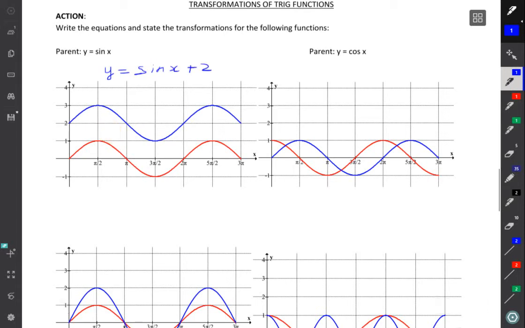Looking at this cos curve, here it starts as it would at a maximum on the axis, so that's a cos. And then looking at this blue graph, what we have here is a transformation, a phase shift, or a horizontal translation.